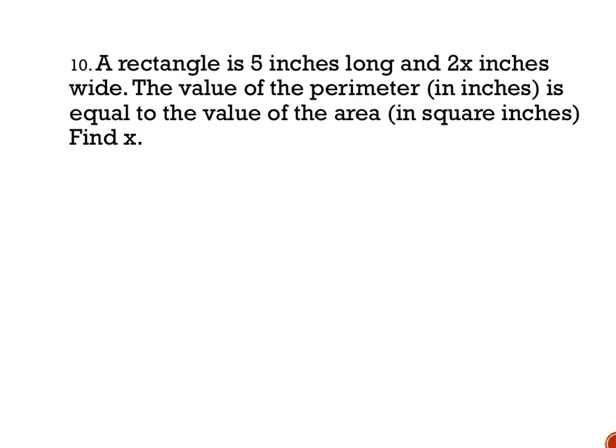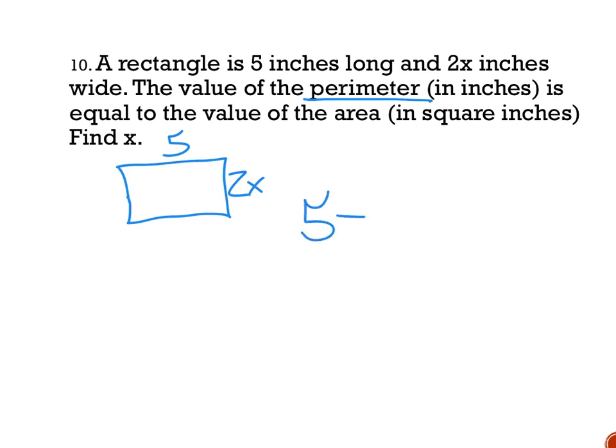Here, a rectangle, and go ahead and draw a rectangle, is 5 inches long and then 2x inches wide. If you know the value of the perimeter, which is all 4 sides, so it's 5 plus 5 plus 2x plus 2x, and it gives you the area, which is also 2x times 5.